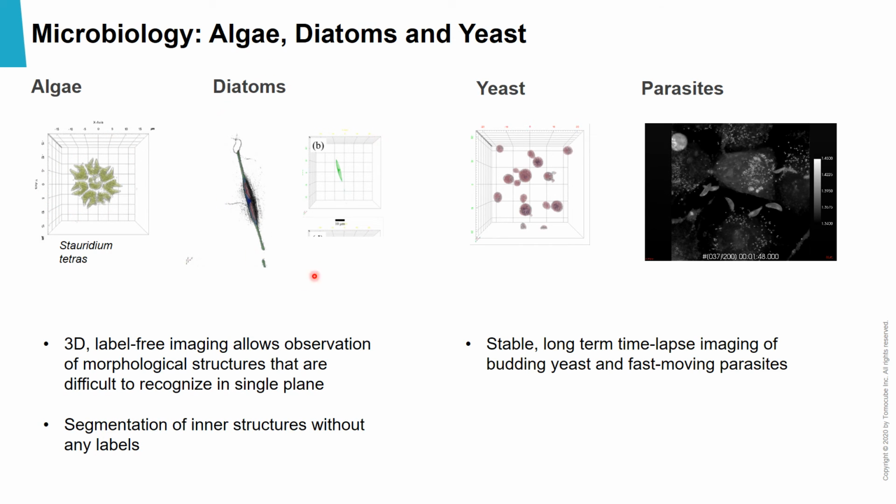The structure of diatoms and their different subcellular organelles can also be easily identified, label-free, and quantified for refractive index, volume, and mass. Also, sometimes it is very difficult to capture the very fast dynamics of dynamic samples such as sperm or certain parasites like this trypanosoma, but we could capture them in time-lapse with our 0.4 second acquisition speed.